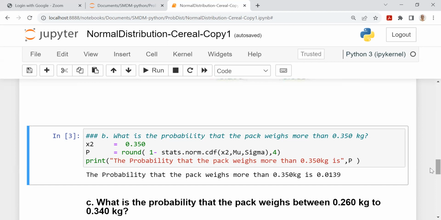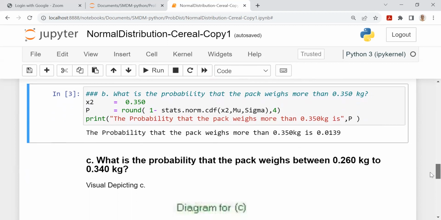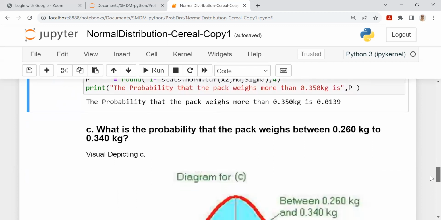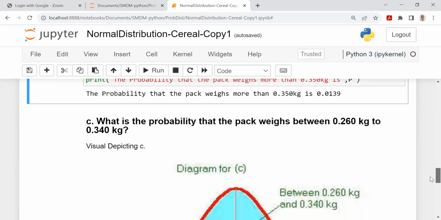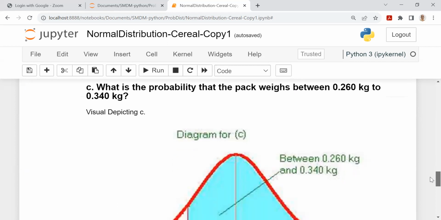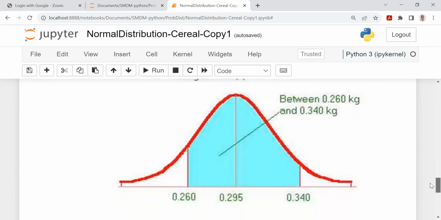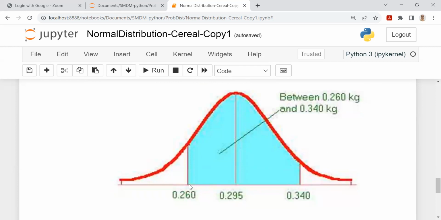Now, let us also look at part C here. What is the probability that the pack weighs between 0.260 and 0.340? That is the 0.26 to 0.34 kg range. Now look at the diagram. This is 0.26.